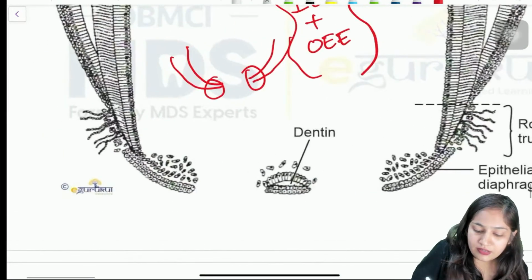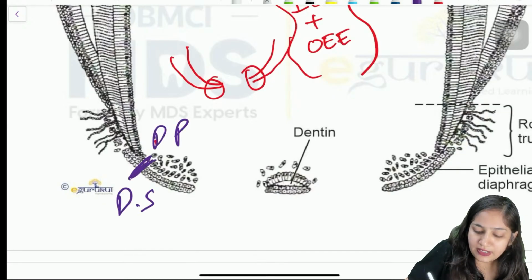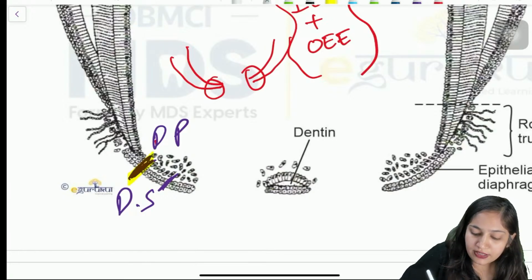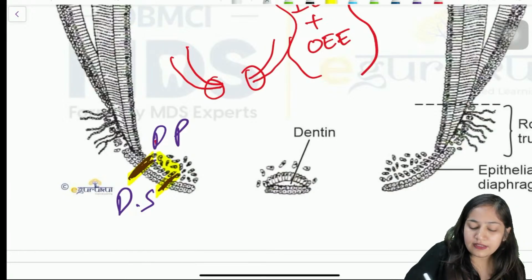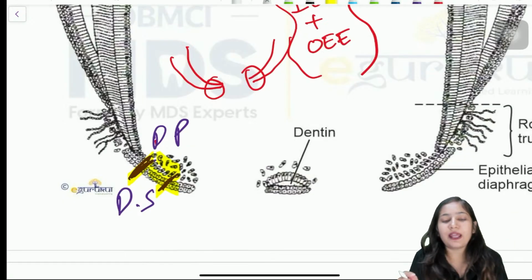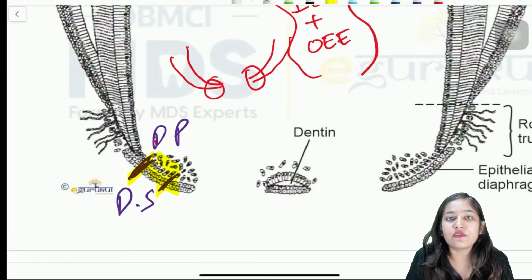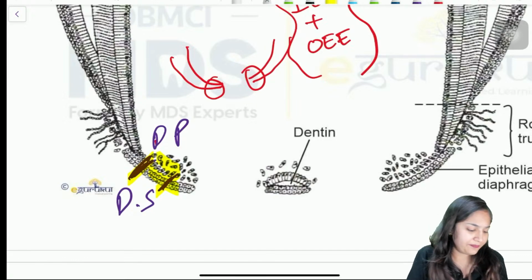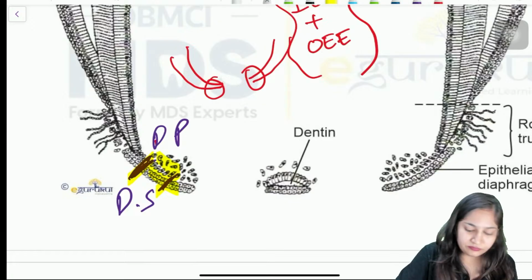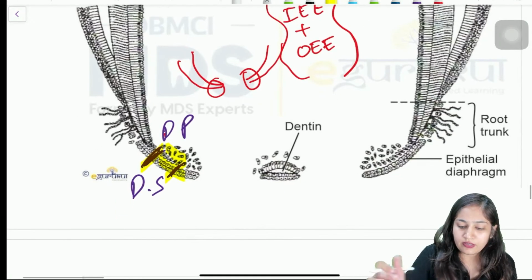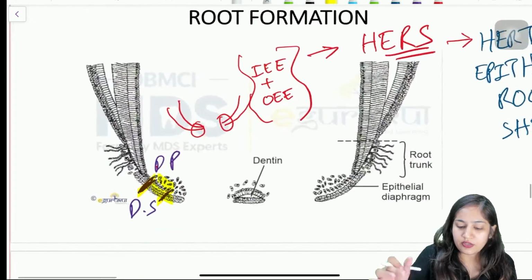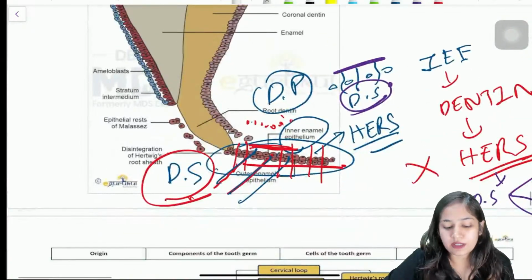Here, this is dental papilla, this is dental sac. And if there is a break here, then dental sac cells will directly come in contact with the formed dentine, leading to the formation of cementoblast forming cementum, osteoblast forming bone, and fibroblast forming PDL fibers. Right? So this is root formation.